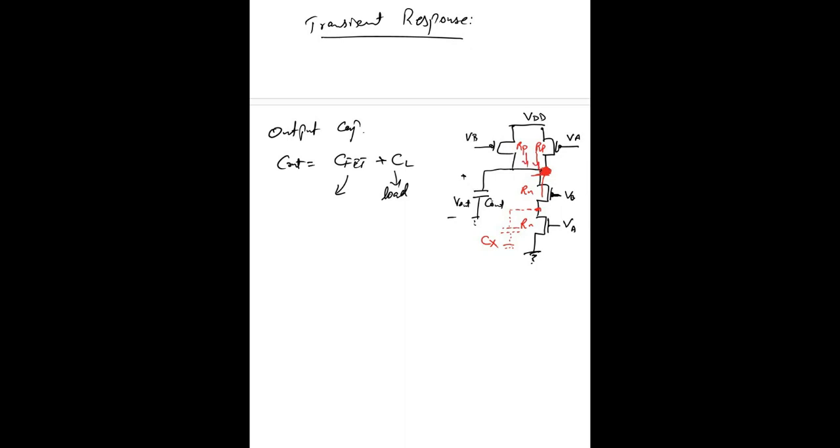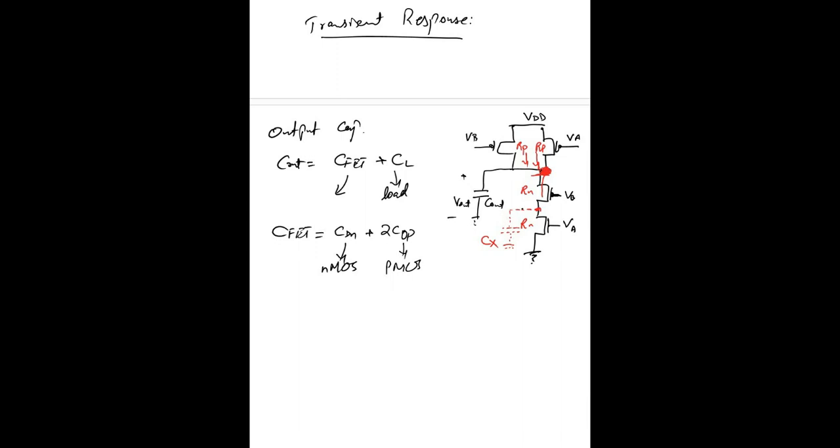So the total CFET will be equal to CDN plus 2 CDP, because we have two PMOS connected at this node. This one is because of our NMOS and this one is because of our PMOS, because we have two PMOS connected to the output.